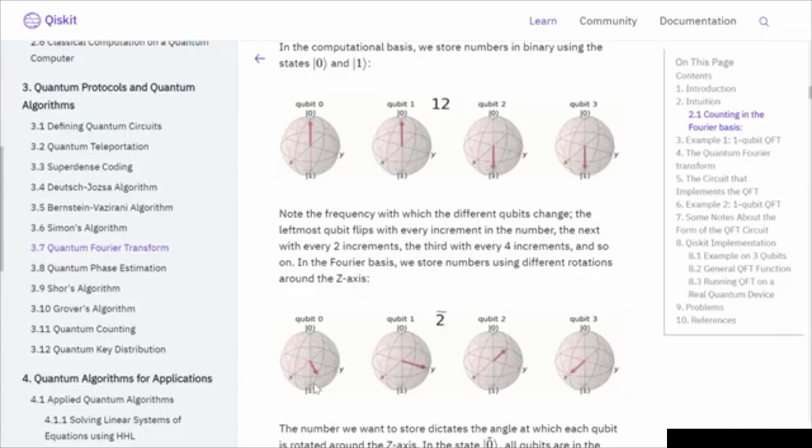So the rotations are not 180 degrees, they have in between intervals. So for a larger number of qubits, we have rotations by smaller angles. We'll come back to this later. It's an interesting takeaway in itself, but for that we'll have to see some of the mathematics again.